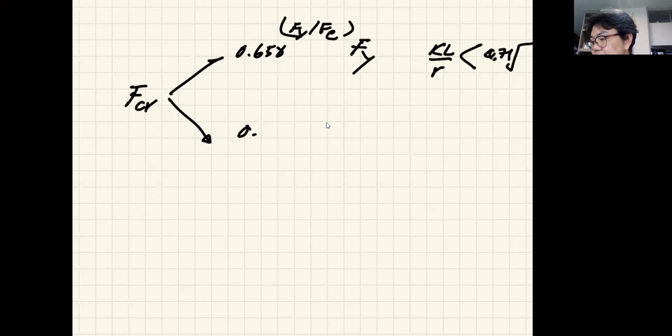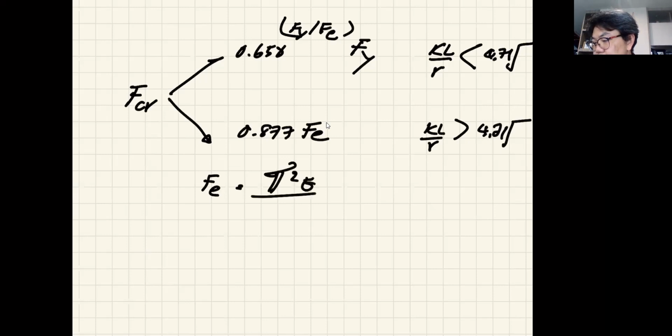And then you have 0.877 Fe when KL over R is greater than 4.71 square root of E over Fy, okay? And then your Fe is equal to pi squared E over KL over R squared.